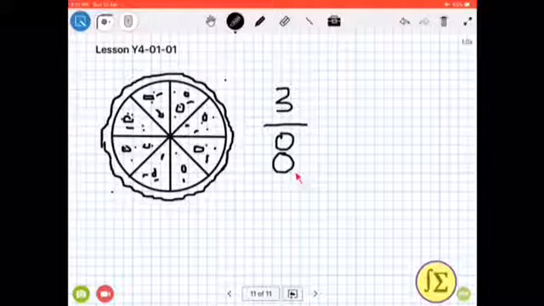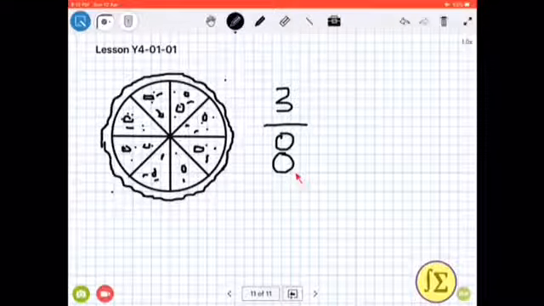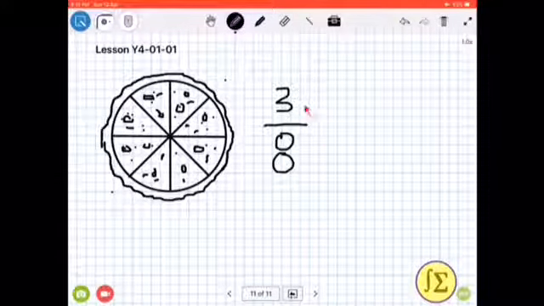In other words, it's saying that the whole pizza is divided into 8 equal pieces. That's what the denominator describes. It tells us how many pieces or how many units the total comprises of.